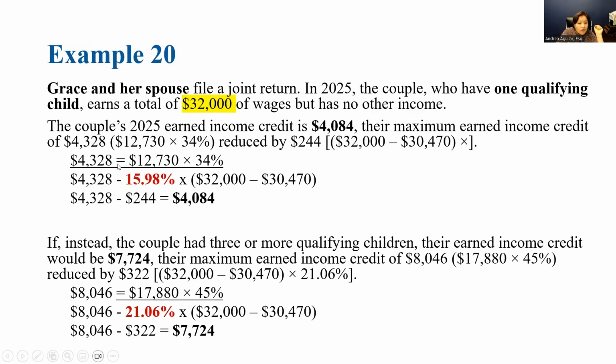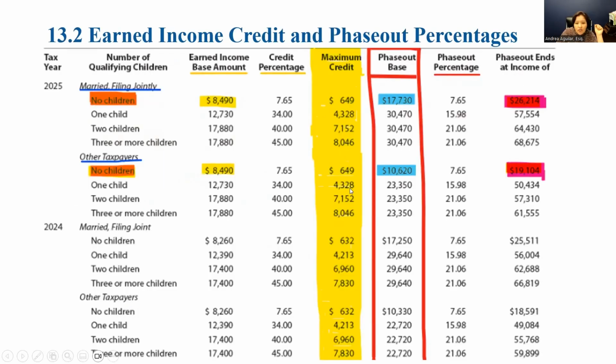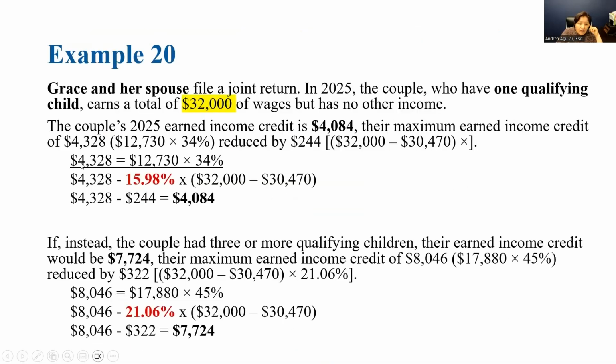So first, if we look at the table, we are going to see that it is 4,328, which is the result of multiplying the earned income base amount times 34%. Okay, so yes, we have our maximum earned income credit of 4,328.